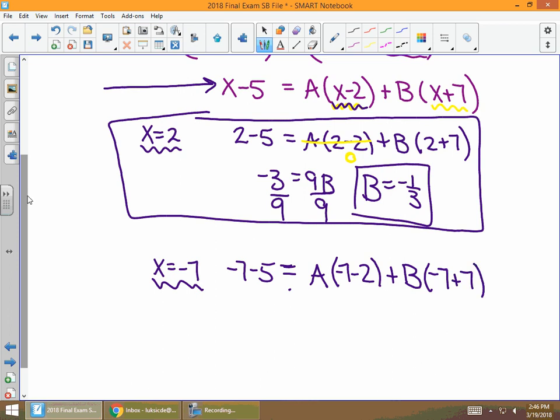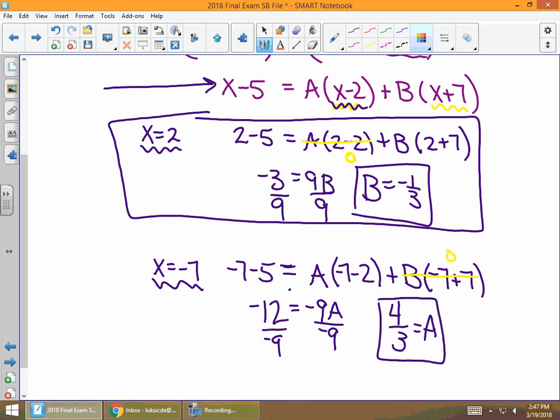So my b term does zero out. I end up with negative 12 on the left-hand side, negative 9a on the right-hand side. Divide by negative 9 and reduce. 3 goes into 12 4 times, 3 goes into 9 3 times.